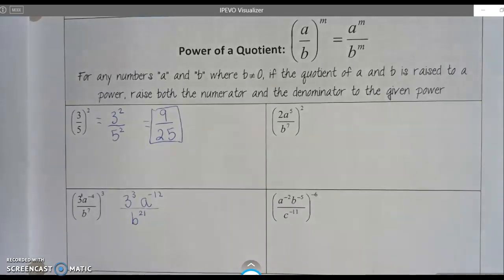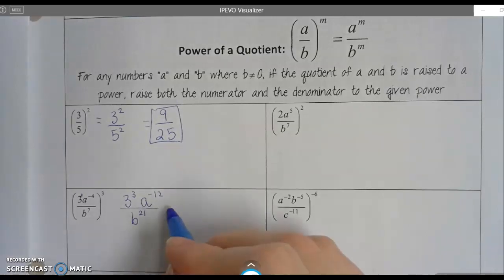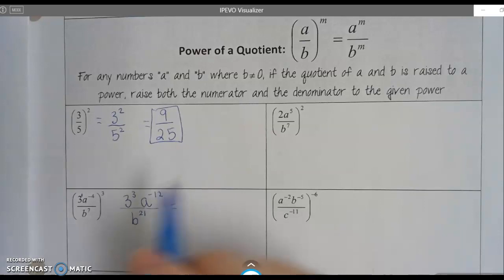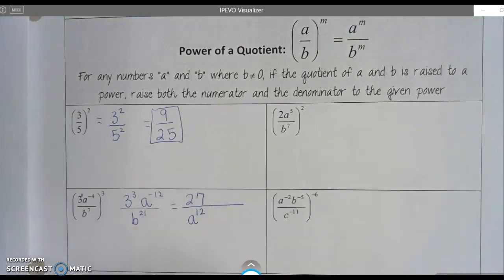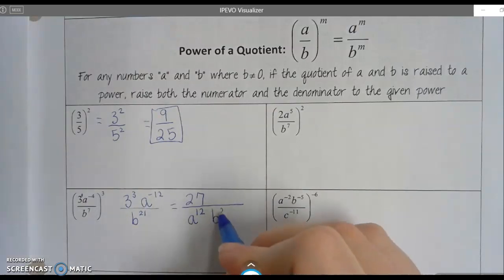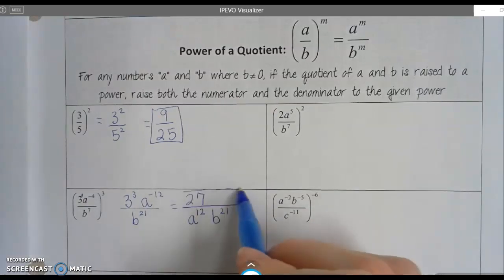Now hopefully you spot the negative exponent on our a, and you know that it's going to need to resituate itself in the denominator. 3 cubed is perfectly fine, so it becomes 27. Our a, though, needs to go to the denominator, so it gets a positive 12 exponent. The b is happy where it is, so b to the 21st stays right where it is.